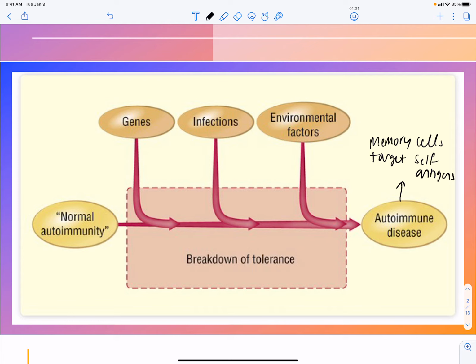There is a level of normal autoimmunity that is present, and this autoimmunity does not lead to autoimmune disease. However, influences such as genes, infections over time, as well as environmental factors can lead to a breakdown of tolerance and the development of an autoimmune disease.